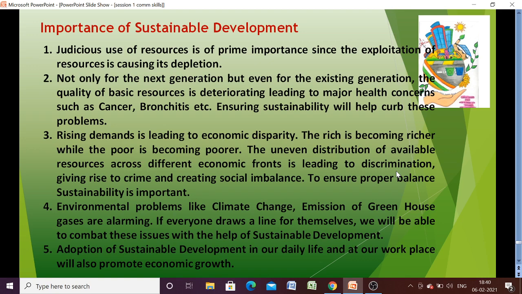Now, the second importance of sustainable development is healthy food, then how we can manage climate change, abundance of resources, sustain biodiversity. So these are the importance of sustainable development. How we can control climate change, emission of greenhouse gases. So these may be written under the topic importance of sustainable development.